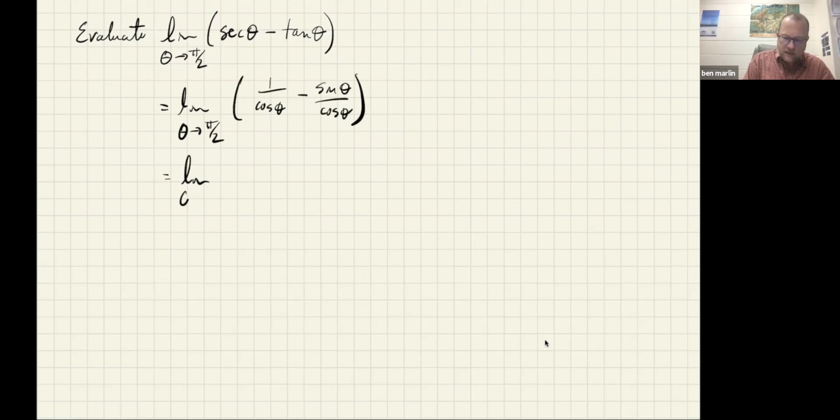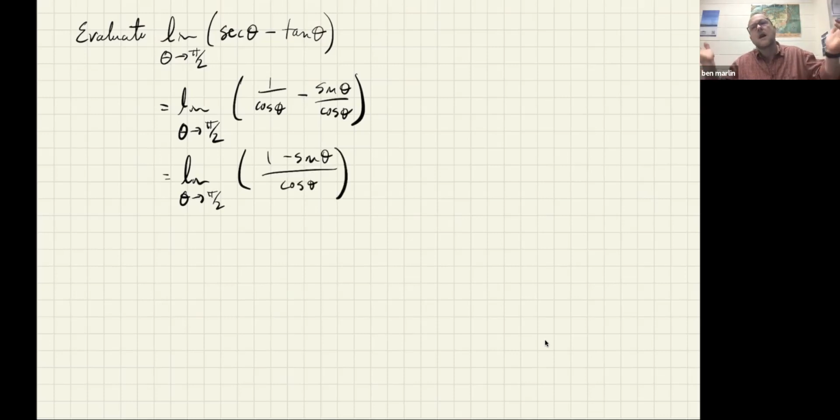But now we're going to say the limit as theta goes to pi over 2 of 1 minus sine theta over cosine theta. And now you plug in and everything's fine, right? Oh no, you plugged in and you got 0 over 0. But we've handled some 0 over 0s before, so I think we can still do this.